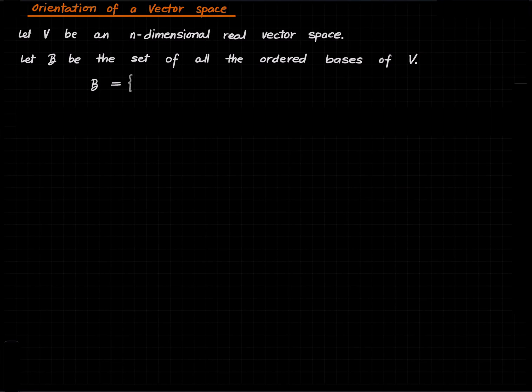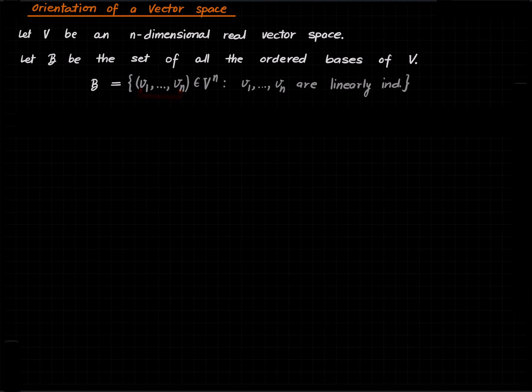I mean you collect all these tuples (v1, ..., vn), where each vi is a vector, such that this is a basis. Or I will just say that they are linearly independent. Since the vector space is n-dimensional, the linear independence of them says equivalently that they form a basis of the vector space. So we are just ordering every basis.